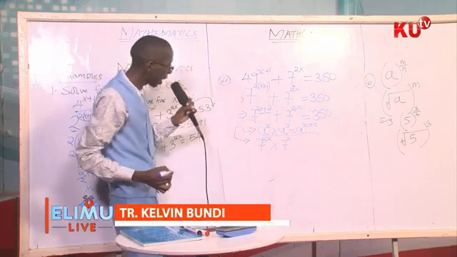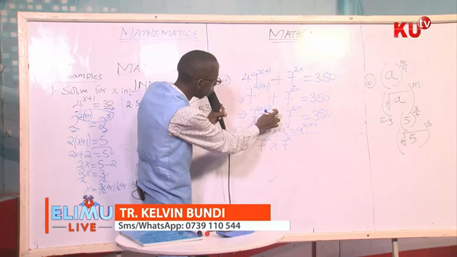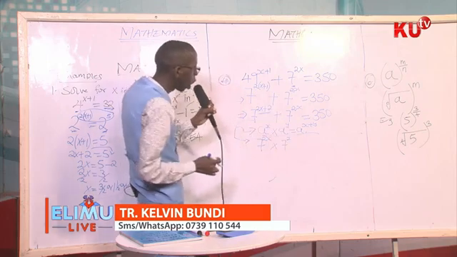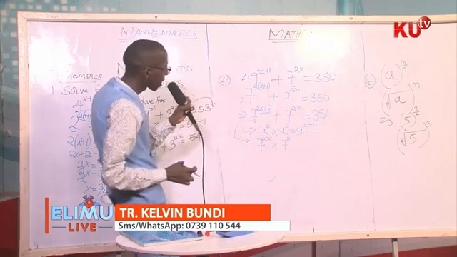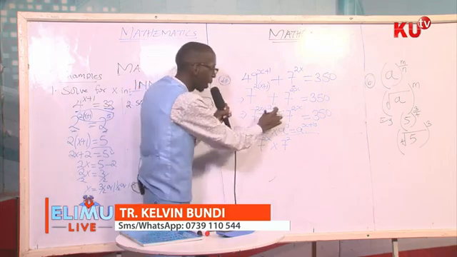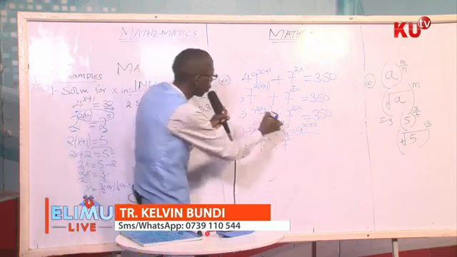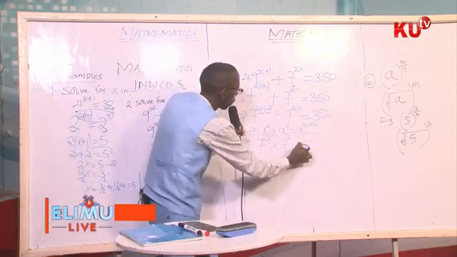As easy as that. According to the first law of indices, 7 to power 2x plus 2 is the same as 7 to power 2x times 7 to power 2. Then you proceed with the rest of the question.